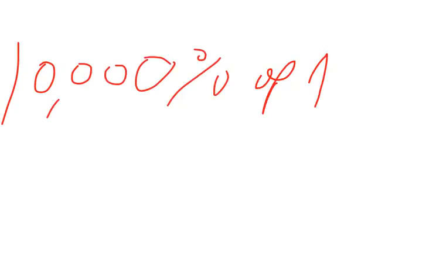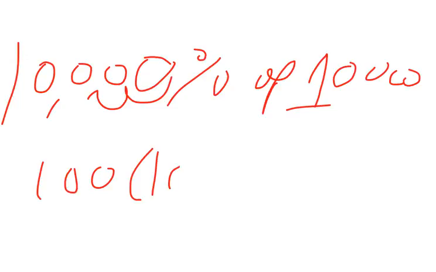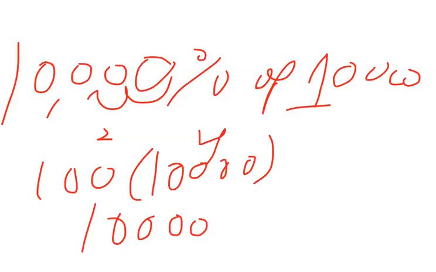What is 10,000% of 10,000? 4 zeros. 10,000% is 100 times, so 4 zeros plus 2 zeros is 6 zeros. Yep, that's your answer.